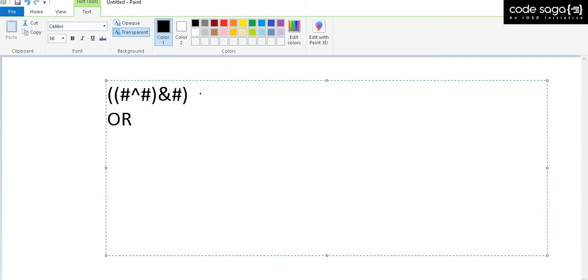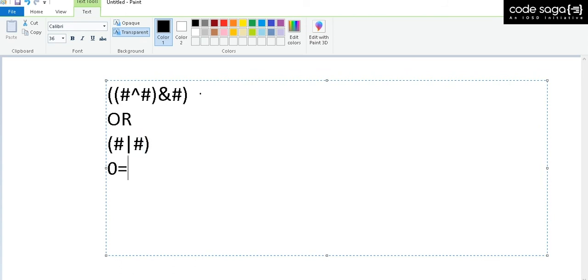Now let's see in the cases for this operation, hash or hash. So for this expression, now we'll be finding out the probabilities. Okay, so let's see in which case hash or hash is 0. So this hash has all values 0, 1, A and capital A, 1/4 probability for each, and so does this.